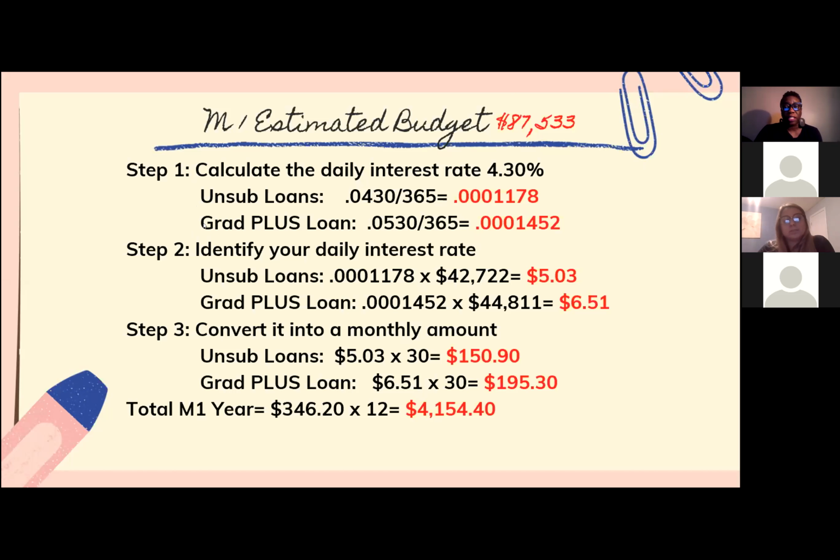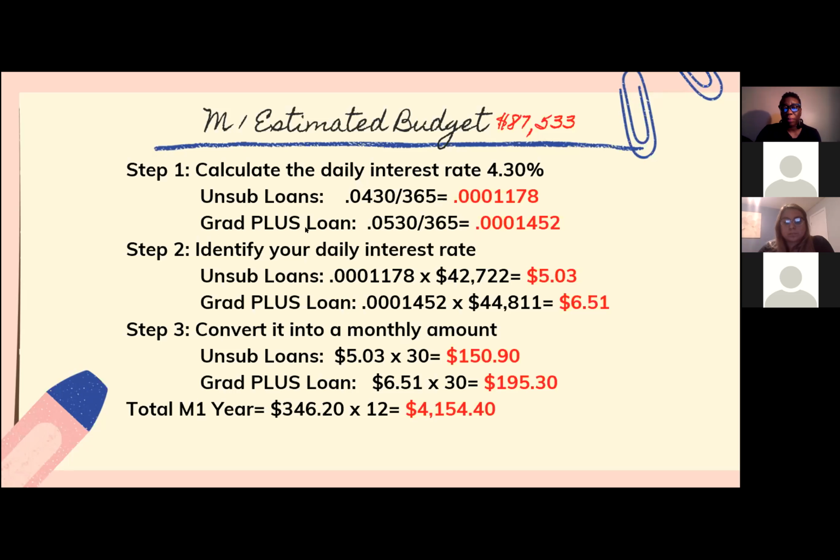But there are 3 steps in determining the interest rate. First you want to calculate the daily interest rate, which again is 4.30 for this academic year. For the unsubsidized loans, you want to take that decimal amount and divide it by 365, which is the days in the year, and that gives you another percentage amount here.